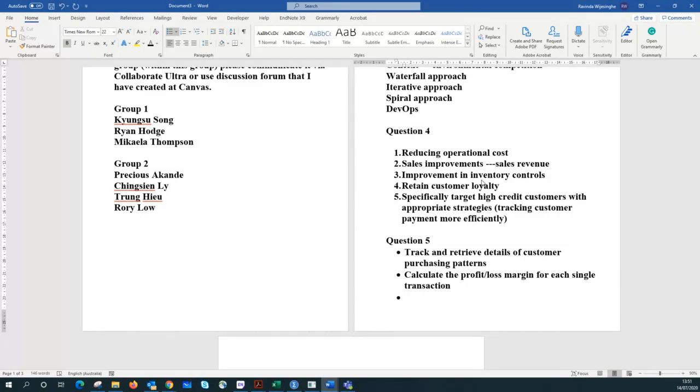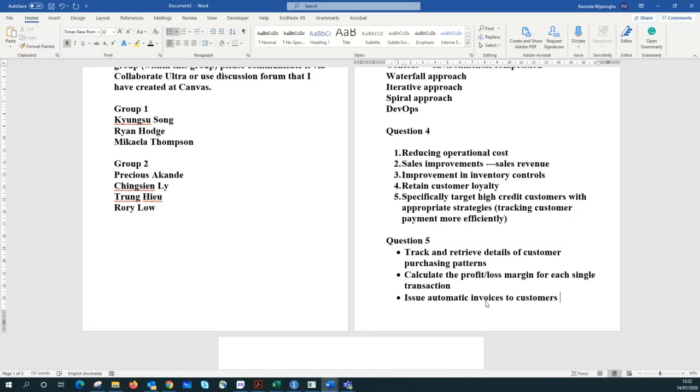And then what else? What are the other capabilities that we can implement in this system to get these business benefits? I would say we can maybe issue automatic invoices to customers.